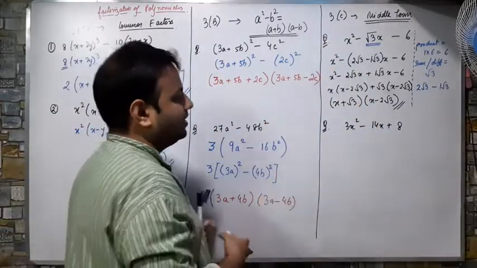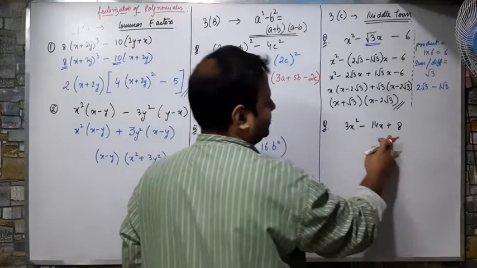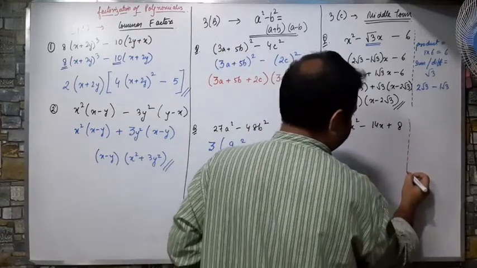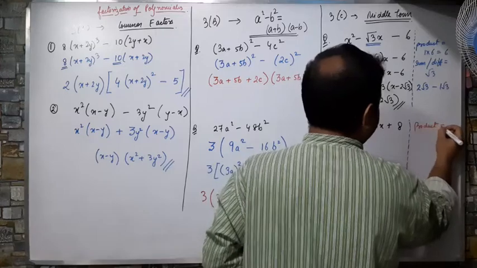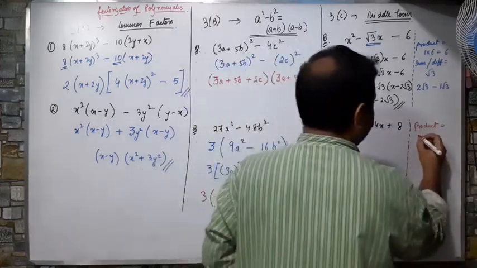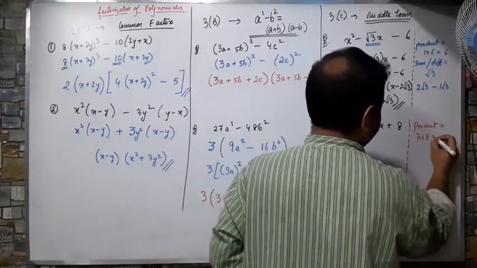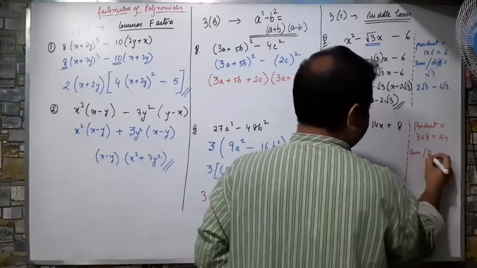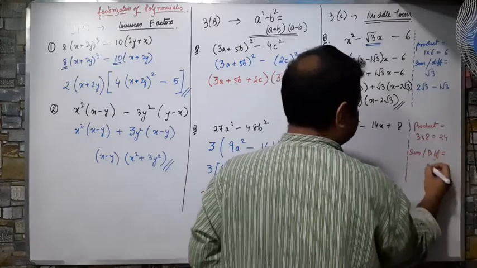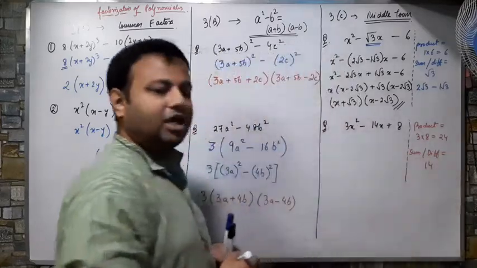Then the second one, 3x square minus 14x plus 8. I have to think of two numbers so that the product is 3 into 8, 24, and the sum or difference is 14. Come on, think of two numbers.